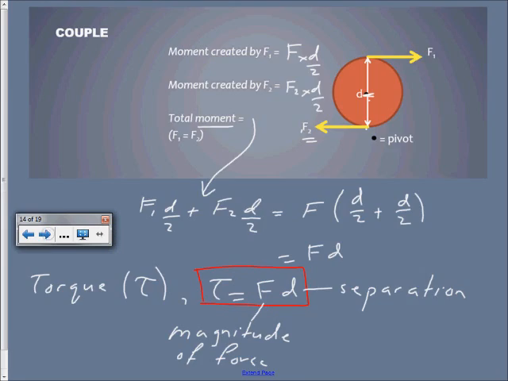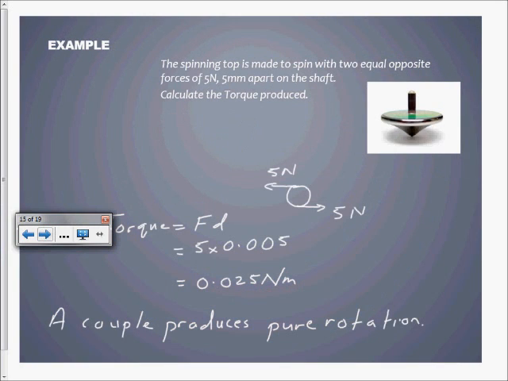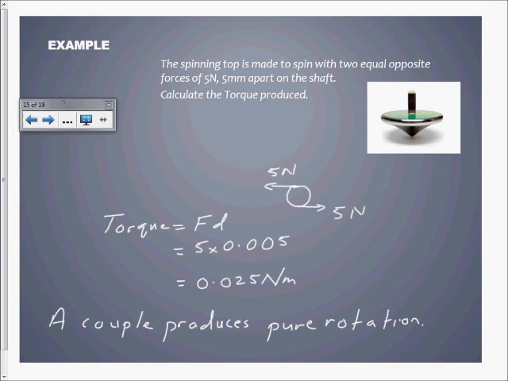So let's have a look at one example here. We've got a spinning top. You're applying a force of 5 newtons, 5 millimeters apart on the shaft of the top. So here's just a plan view of this shaft. And the diameter of that shaft is 5 millimeters, not the radius, the diameter. So we're applying a 5 Newton force here, a 5 Newton force here.